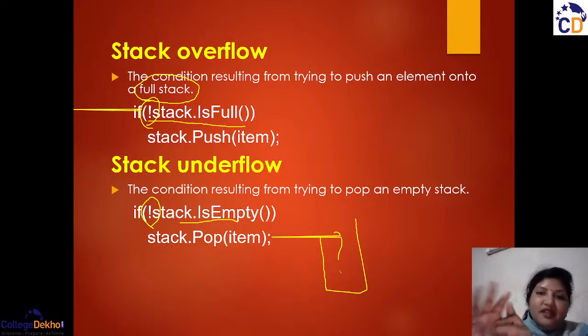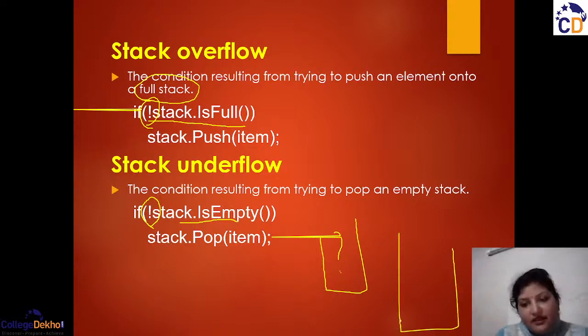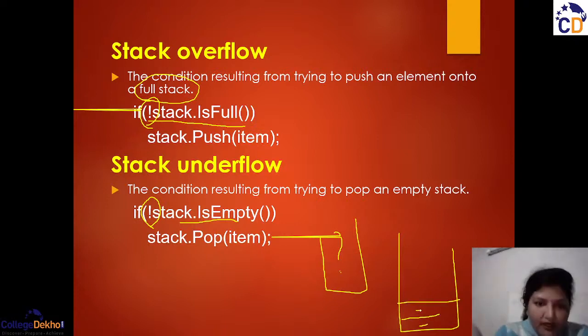So in this particular part, you have checked for the condition is empty, right? And if it is not empty, obviously there are some elements in the stack, and then you can pop it. If there is nothing in the stack, you can't pop it.